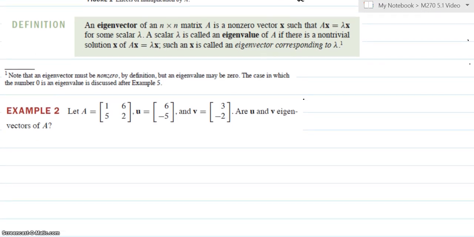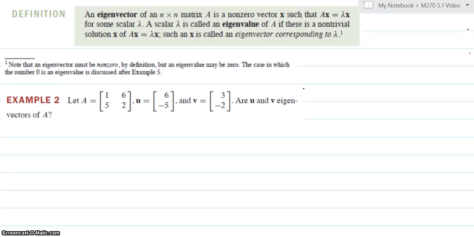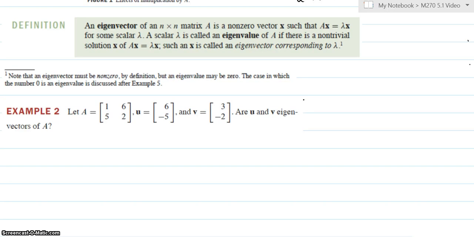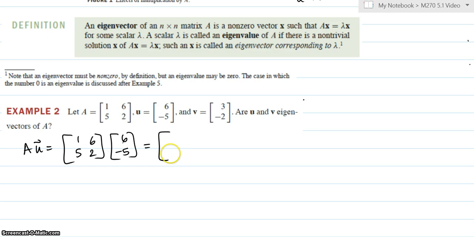Let's practice this one more time with example 2. Different matrix, different vectors. Are u and v eigenvectors of A? Let's just look at A times u and multiply those out. We get 6 and negative 30, and 30 and negative 10, so we get negative 24 and 20.